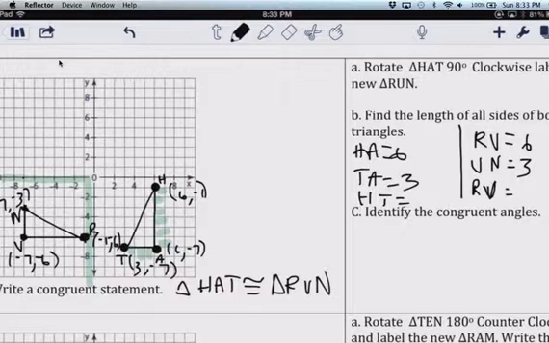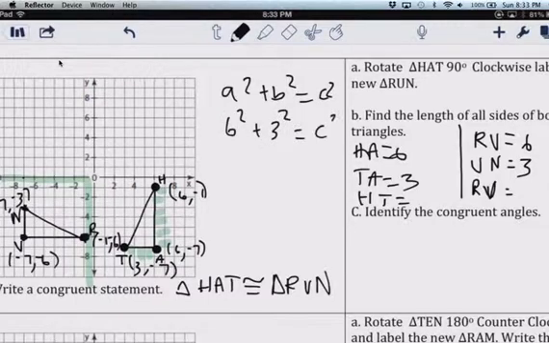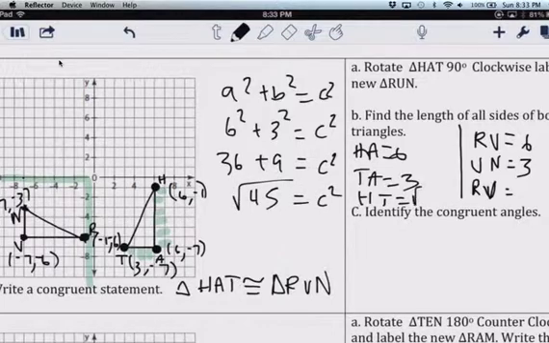And that you can only do a squared plus b squared equals c squared. 6 squared plus 3 squared equals c squared. 36 plus 9, c squared, 45. We don't know the answer to that. We need to use a calculator, but we're not. Just leave it as square root.